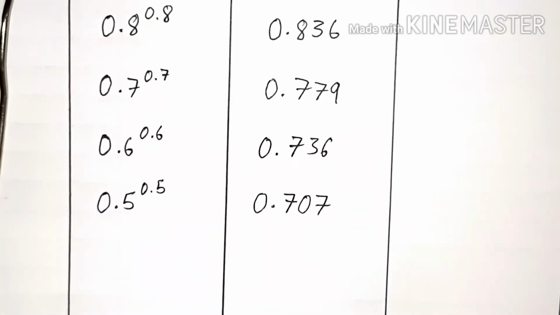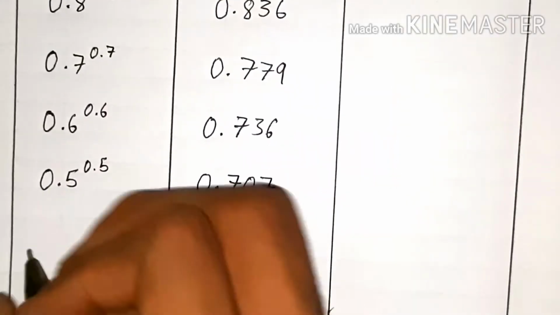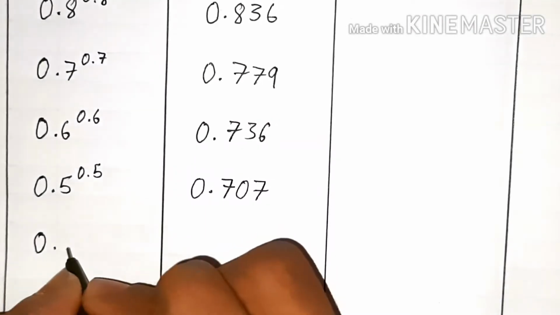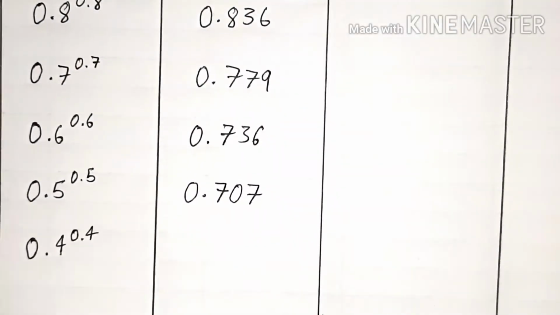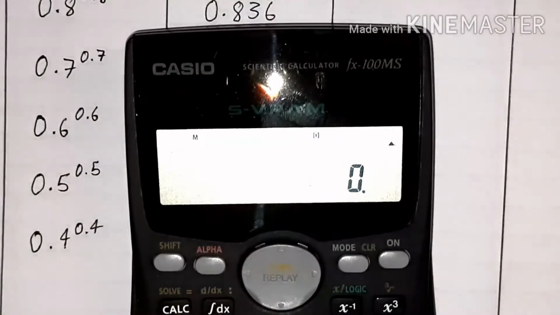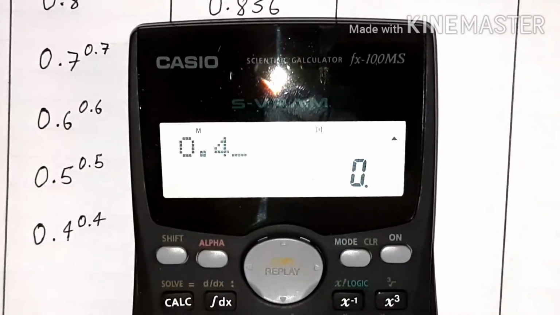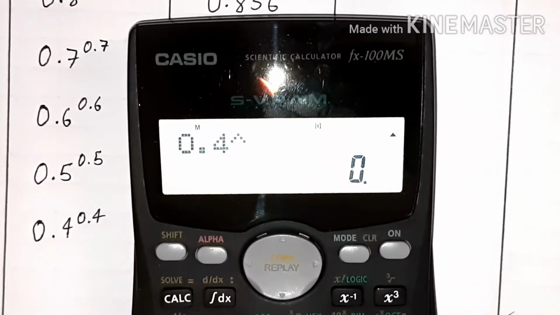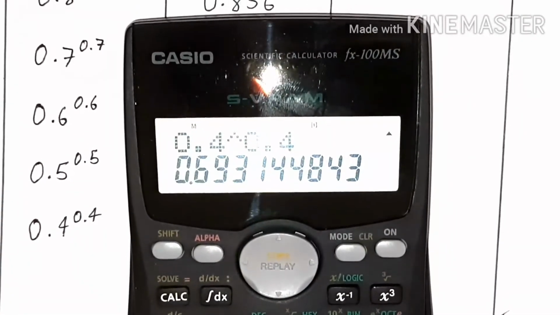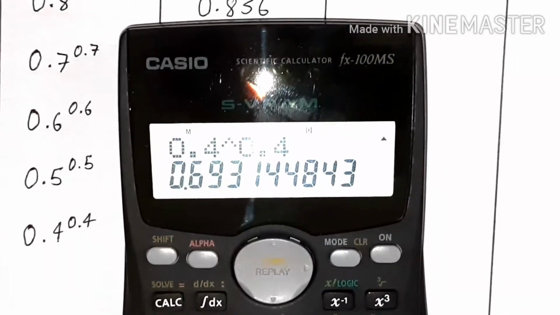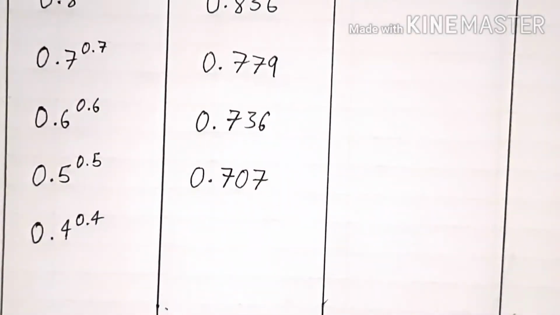So now let's do it for 0.4. We have 0.4 raised to 0.4. Okay, so we have 0.693.